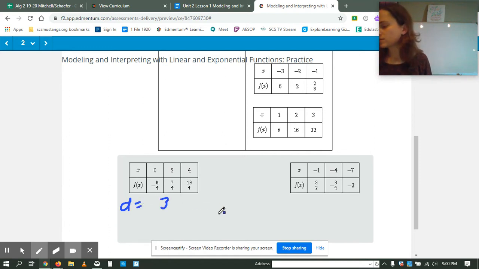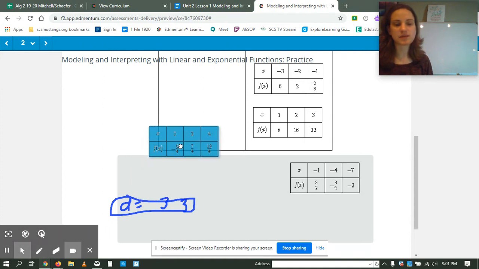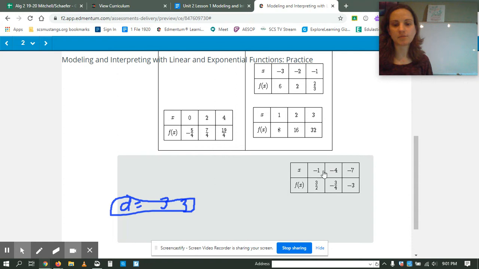So now I'm going to do 19/4 minus 7/4. And that is also going to give me 3. So since using the subtraction method I was able to get the same number, that common difference, that makes this a table for a linear equation.